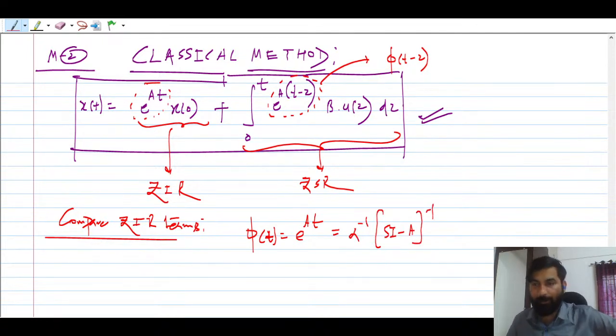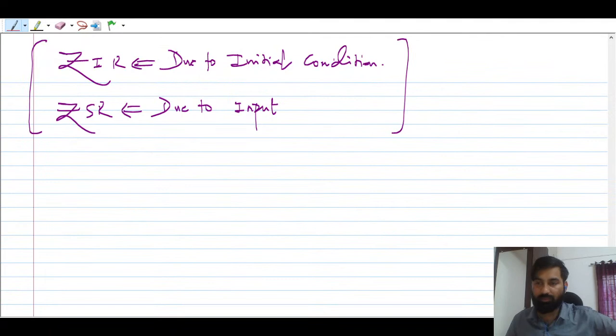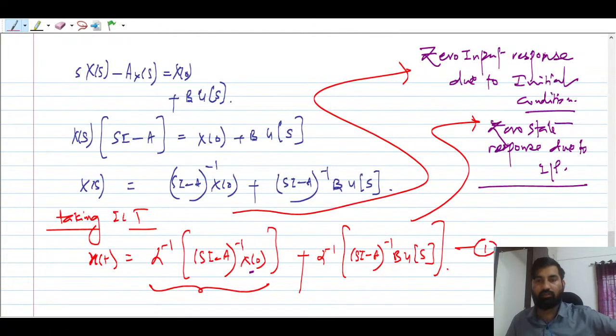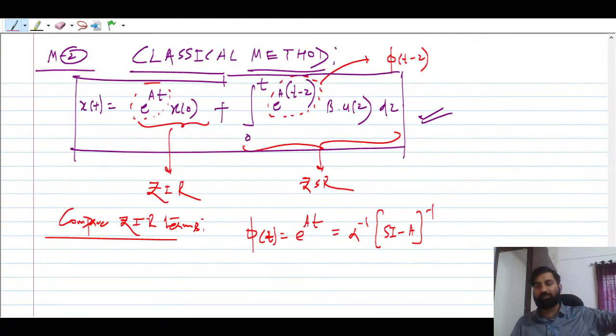You can compare it from this. If you take the Laplace transform and compare, this is phi t times x0, and here phi of t minus tau times B u of tau. So this is how we find the state transition matrix.